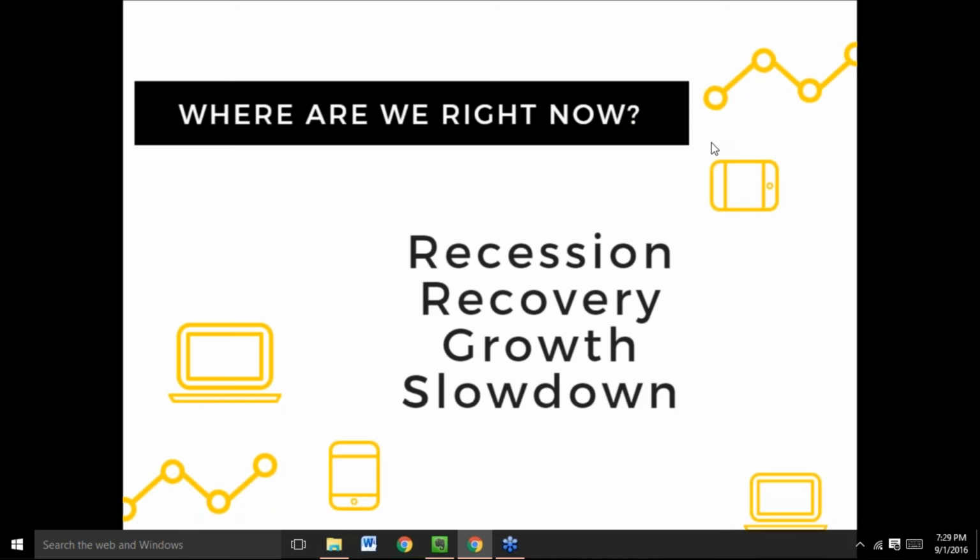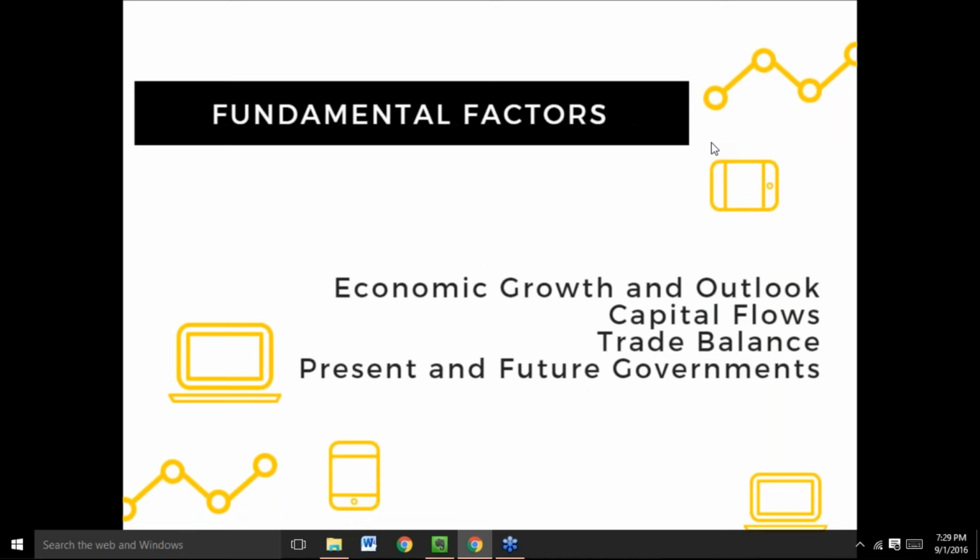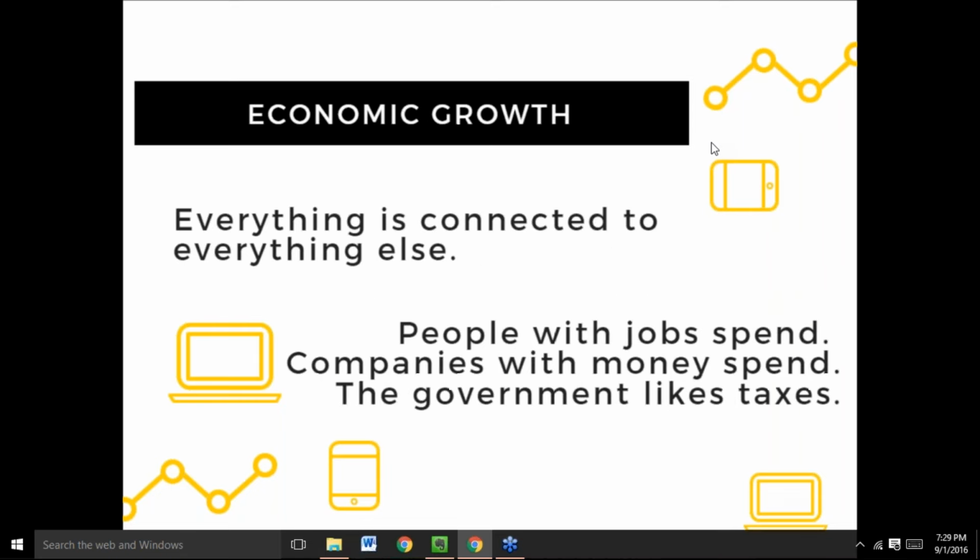Okay, so first off, economic growth. Just remember, everything is connected to everything else. Again, let's go back and use our courtship sample earlier. For example, you chose the sporty girl. She values healthy eating.